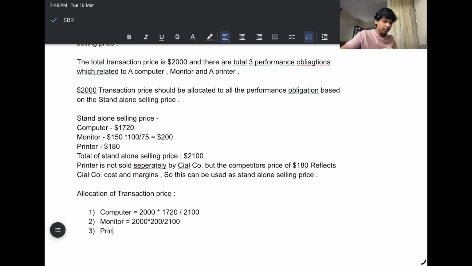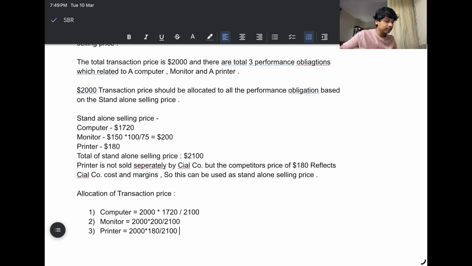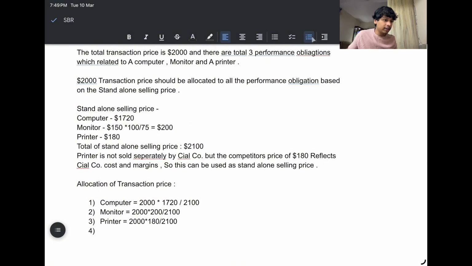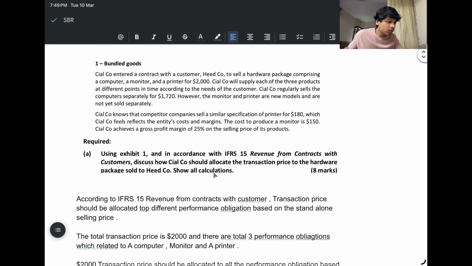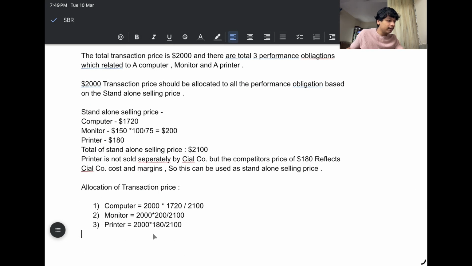And for the third, the printer, 2000 multiplied by 180 divided by 2100. So this is how we will allocate the transaction price, and we have allocated it successfully.